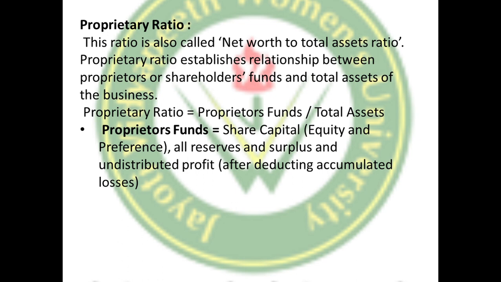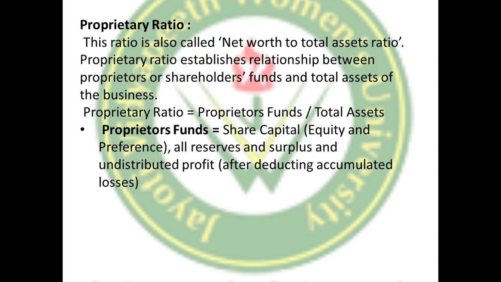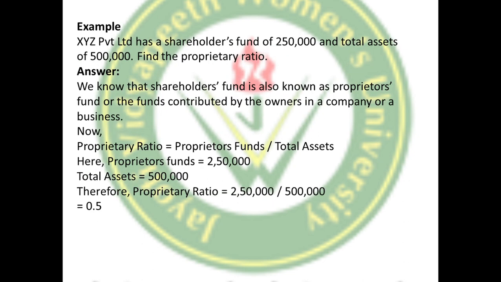Share capital and all the reserves and surpluses, undistributed profits, these are all included in proprietary fund. Total assets, we all know. Now let's understand this ratio with the help of an example.